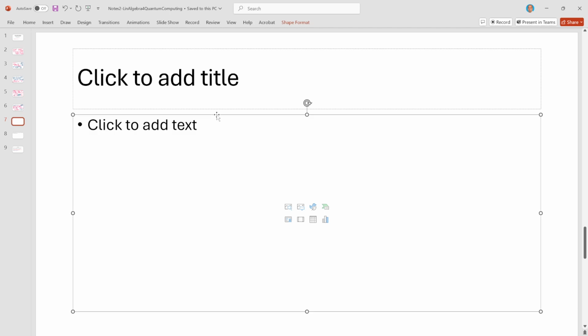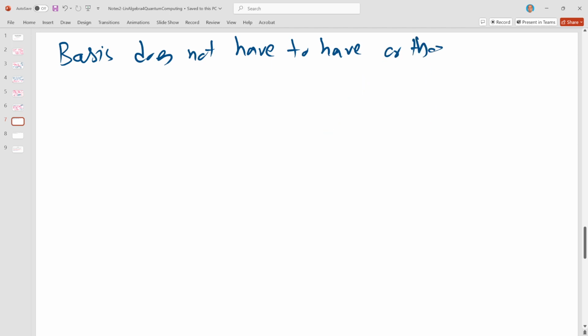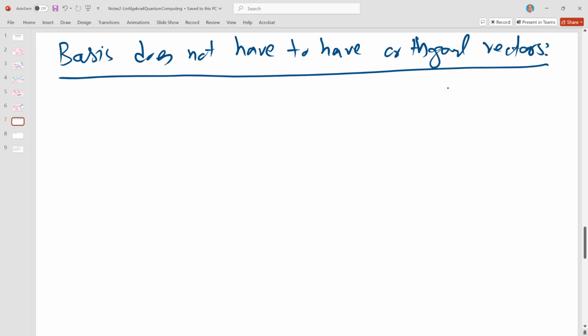It has to be linearly independent, but it doesn't have to be orthogonal. So, a basis does not have to have orthogonal vectors. Okay, and let me say what I mean.